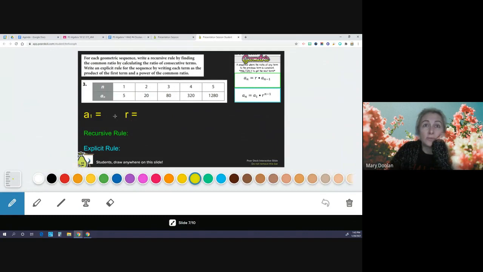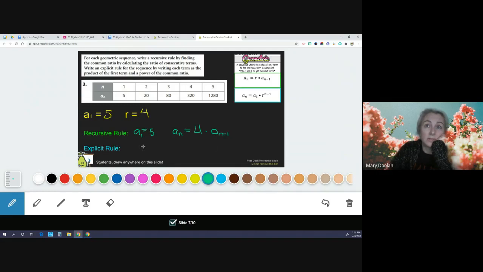The recursive rule, though, so A sub 1 here is 5, the common ratio is 4, and then your recursive rule, so we want to say that A sub 1 is 5, okay, and then we would say A sub n is equal to, you put the r here next because that's what comes next, 4 times A sub n minus 1.